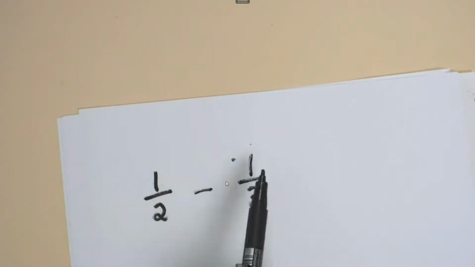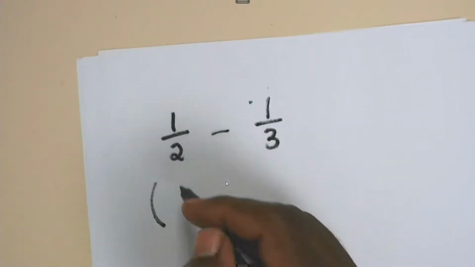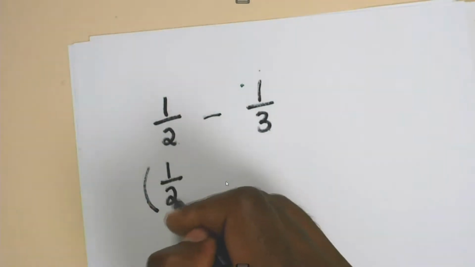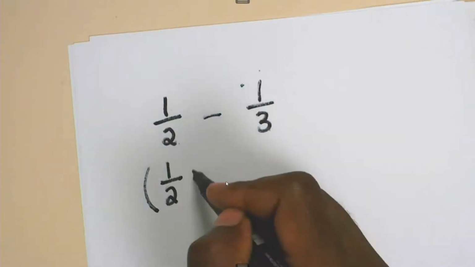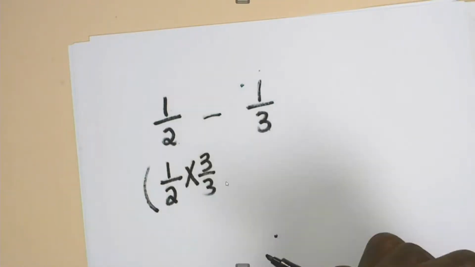Now, we cannot say 1 minus 1. Why? Because denominators are not the same. How do we do it? Golden rule. Open the bracket. Write the fraction that is given to you. Multiply this fraction with the denominator of this other side.